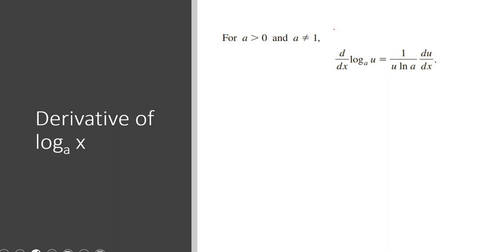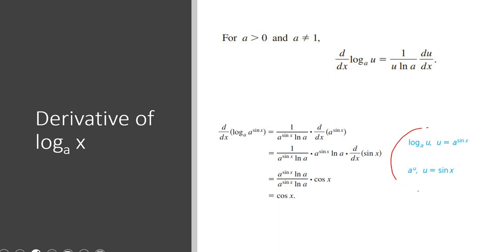And what about differentiating a function that's inside of a log with a certain base a? Once again, a fairly simple process like we just talked about. We can use this relationship over here in the blue to assist us with our derivation. Now, this right here looks an awful lot like the chain rule that we were talking about earlier.